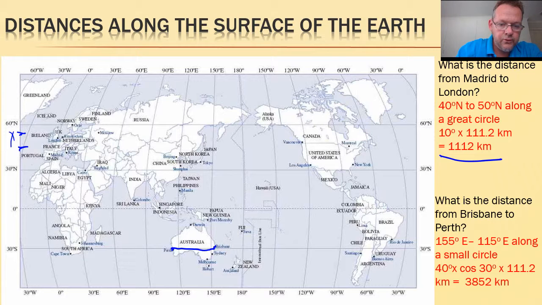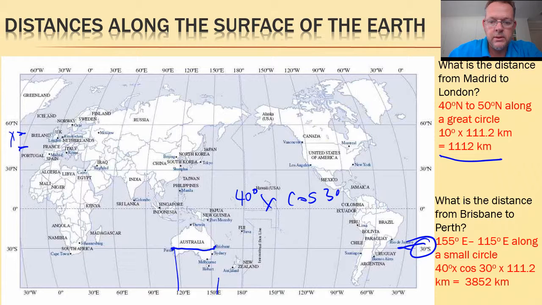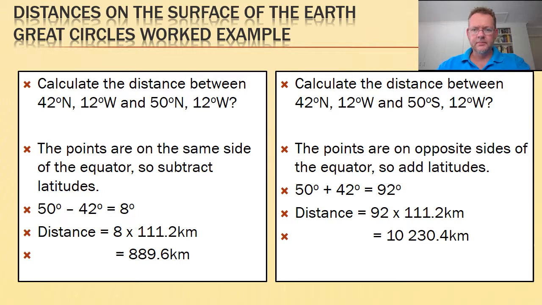How far have I traveled? That's about 40 degrees, and it's along this angle of latitude, cosine 30 degrees, multiplied by 111.2 kilometers, and that's 3852 kilometers approximately, because they're a little bit above and that's a little bit below the angle of the latitude.